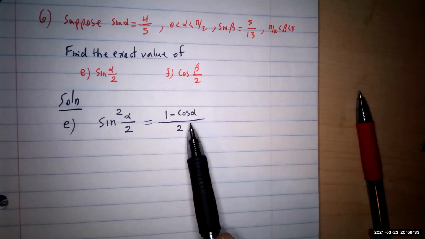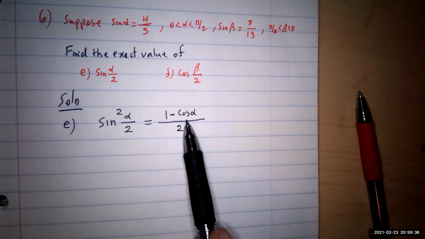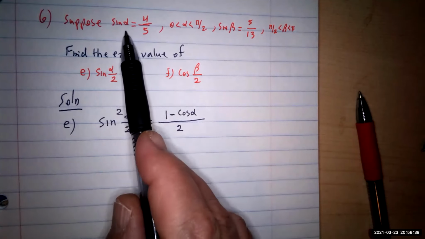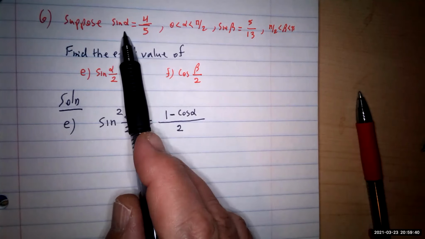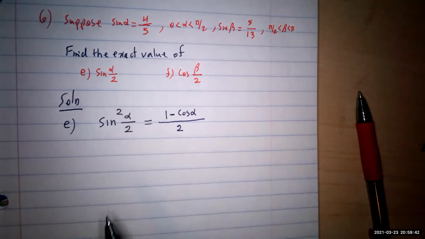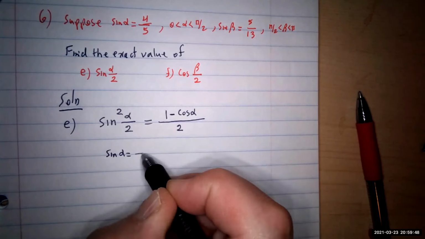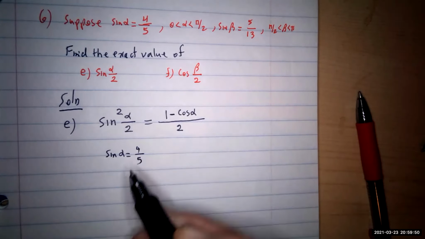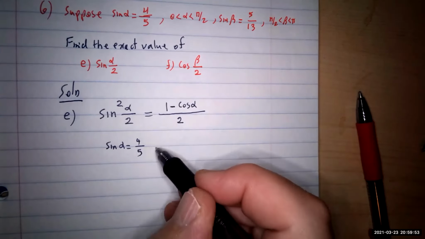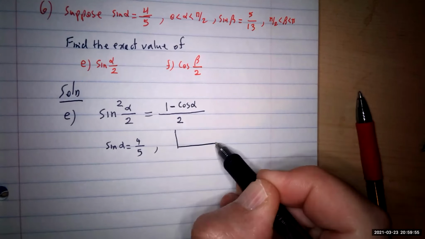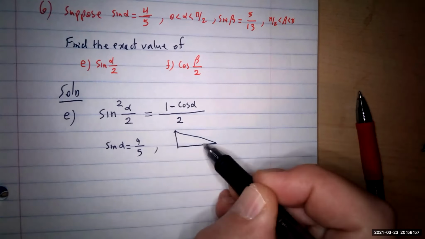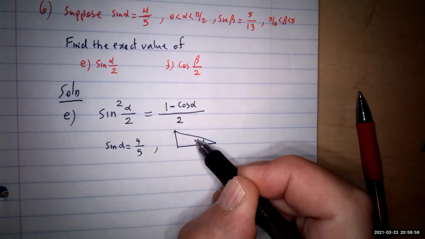But the difficulty is that you need the cosine of alpha, but the sine of alpha is given to you. It's always the case. So we have to find it first. Okay, so what we're going to do is take the sine of alpha equal to 4/5 in the first quadrant. Okay, so get a right triangle. This is going to be your alpha.